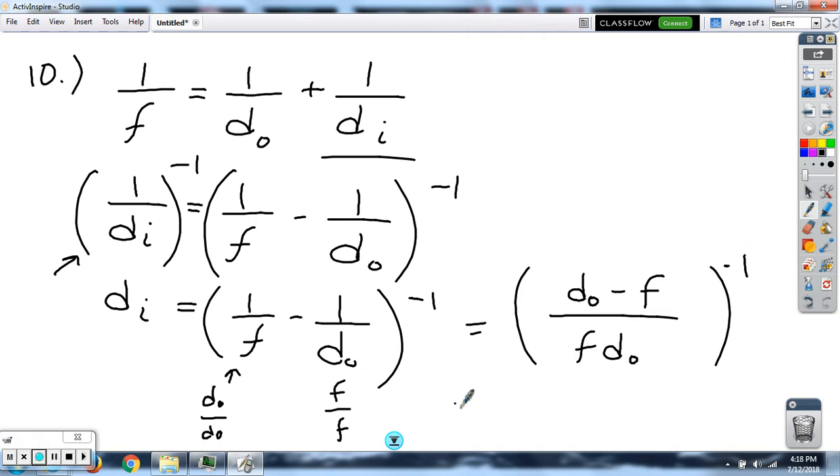Now, if you take the reciprocal, you can just flip these top and bottom. And that might be a form that is easier to work with. But again, for our purpose in just solving for DI, this is all you really needed to do.